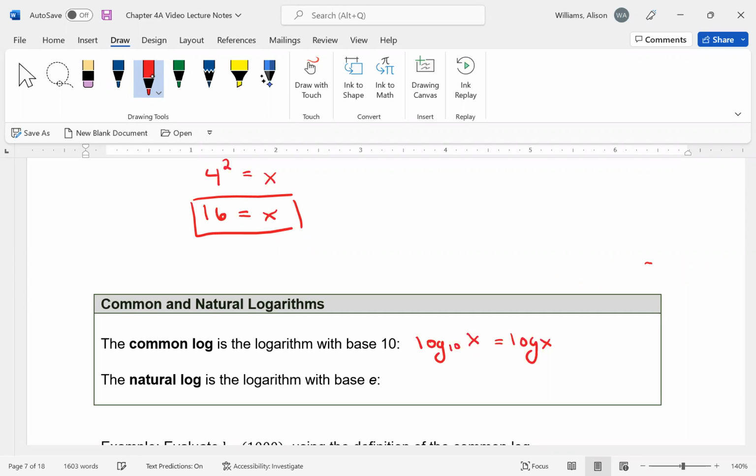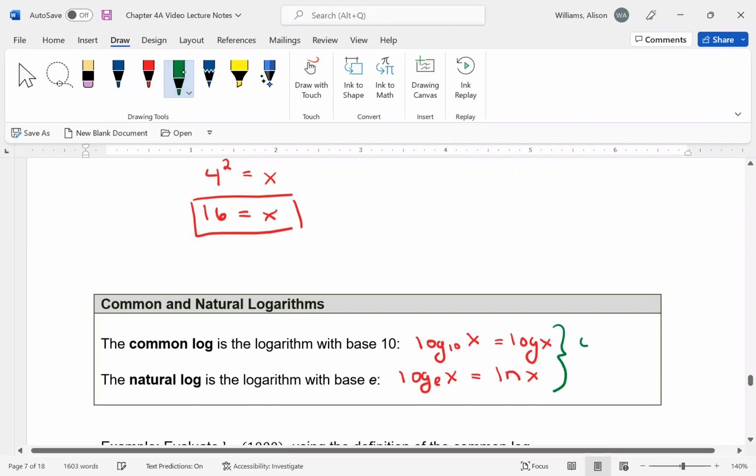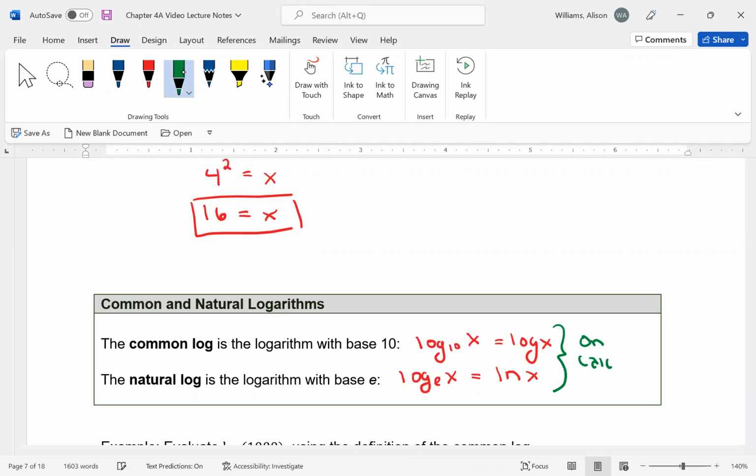The natural logarithm is log base e. And it has a special notation as well. So log base e is referred to as ln of x. And both of these can be found on your calculator. Usually they're right next to each other. So our calculators can do log base 10 and the natural log. So the common log and the natural log are both on the calculator.